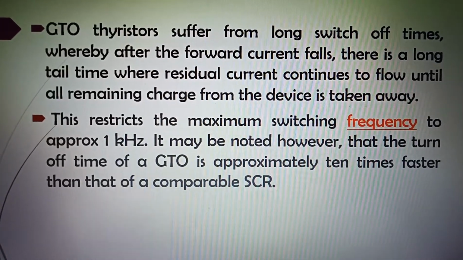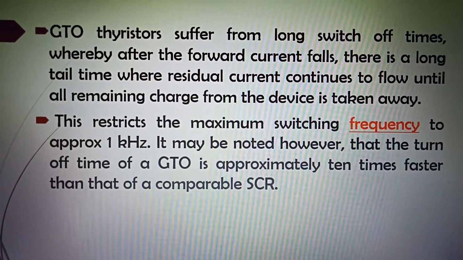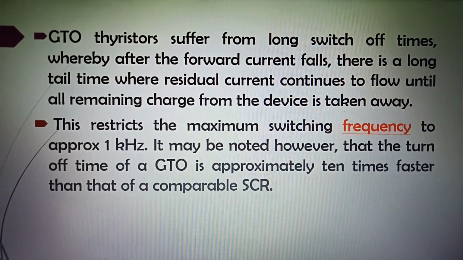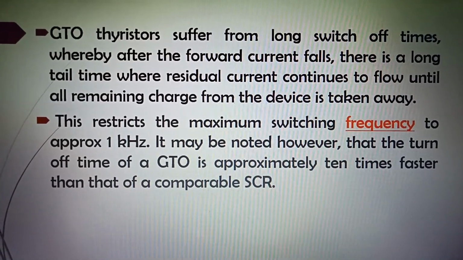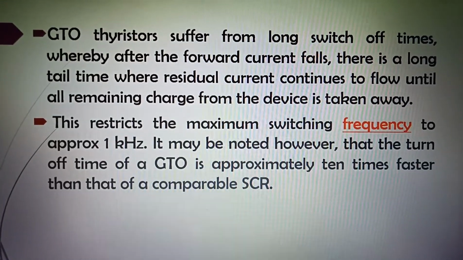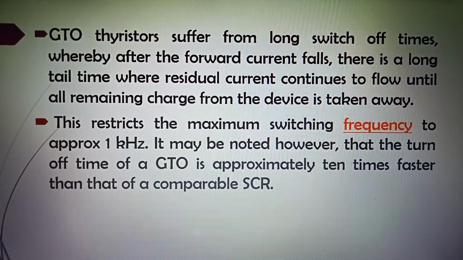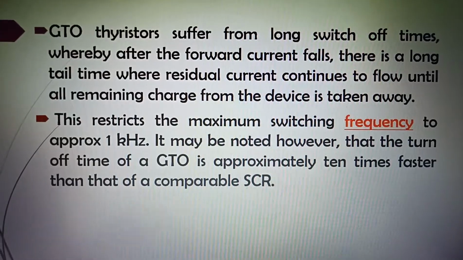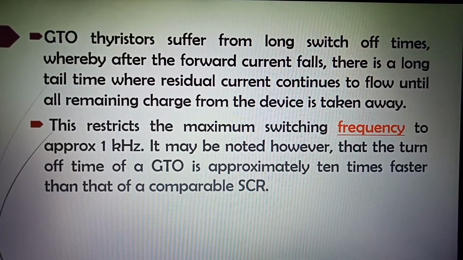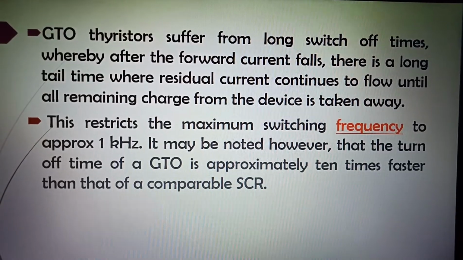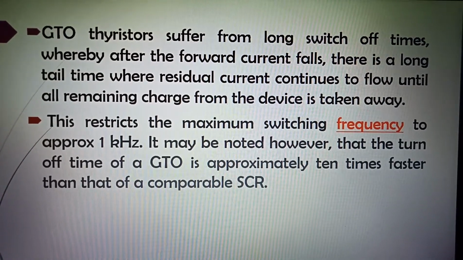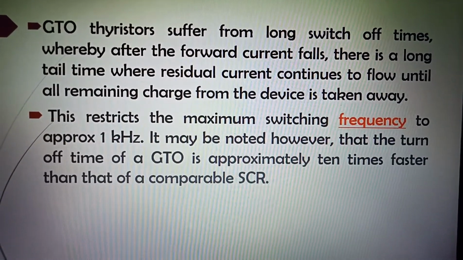This restricts the maximum switching frequency to about 1 kHz. It may be noted, however, that the turn-off time of a GTO is approximately 10 times faster than that of a comparable SCR.